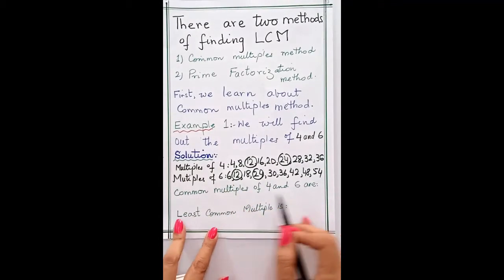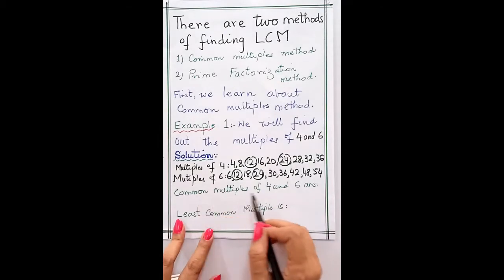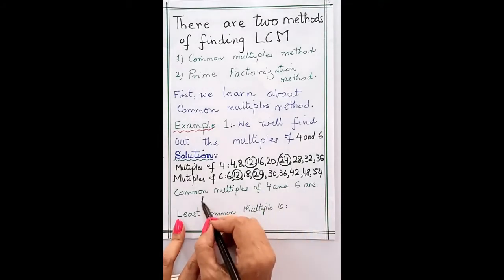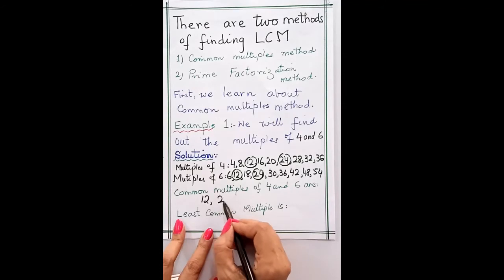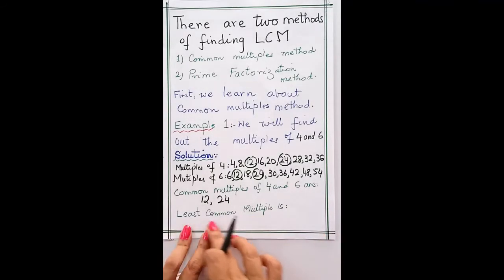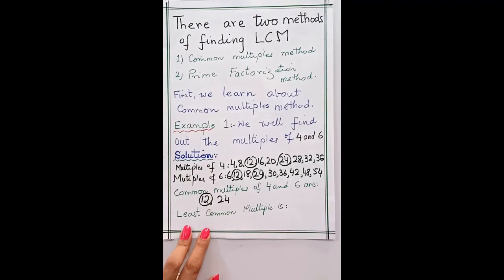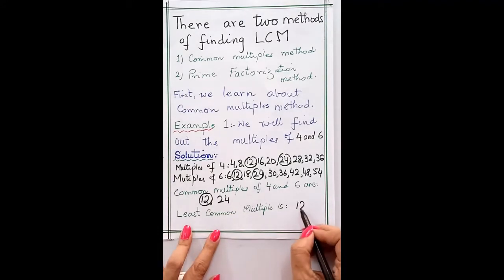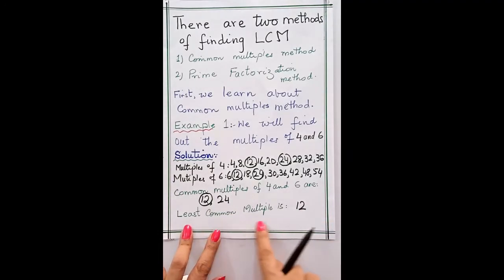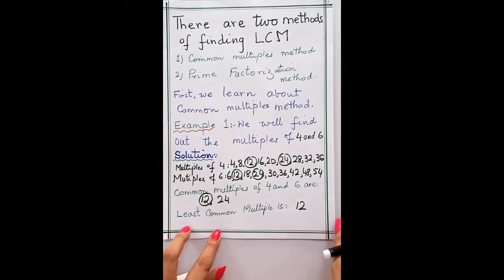So we can write here common multiples of 4 and 6 are 12 and 24. Now we will find the least common multiple. Least common multiple means the lowest common multiple. So between 12 and 24, 12 is the least common multiple. So our least common multiple is 12.